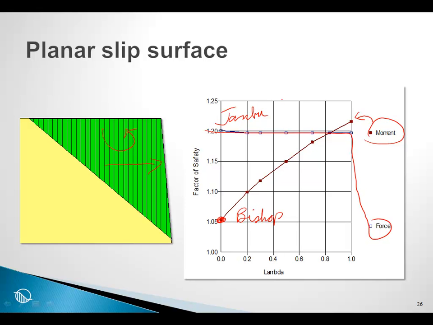All of this is because of the difference in the shape of the slip surface. So now we begin to see that the shape of the slip surface has quite an effect on the results, and the GLE plot can help us sort out why there is a difference.